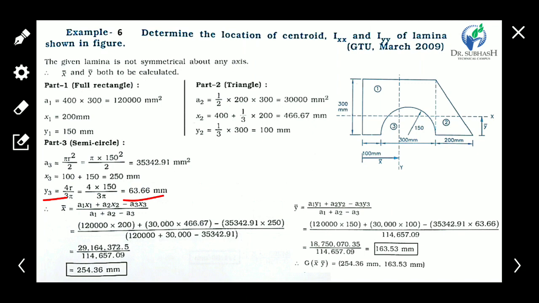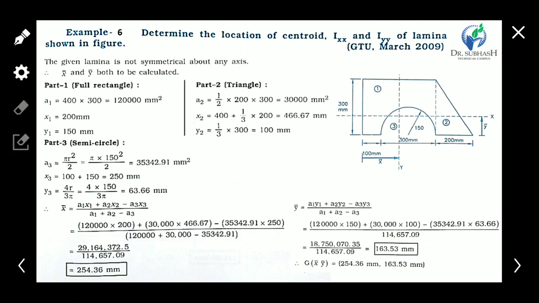Okay, now we have all values for the x bar and y bar equations: A1, A2, A3, x1, x2, x3, and y1, y2, y3. Put all the values in the x bar and y bar equations, and we get the value of x bar as 254.36 and y bar as 163.53 mm.